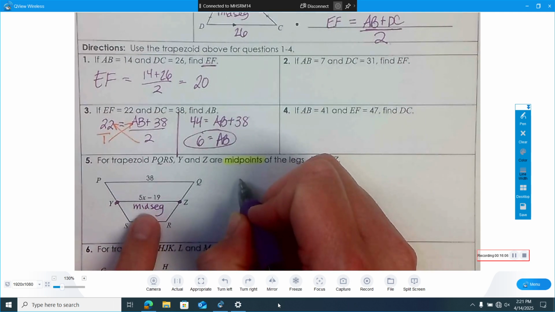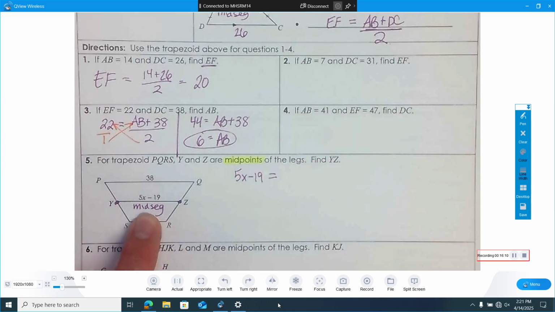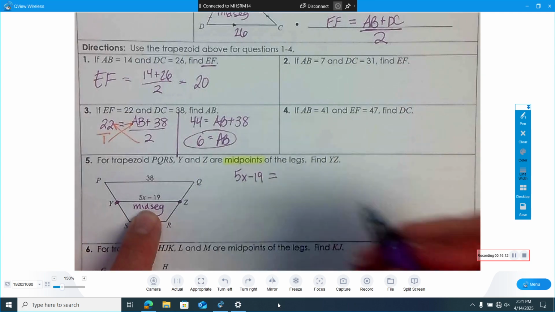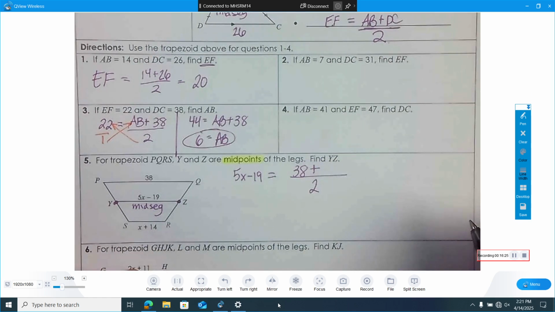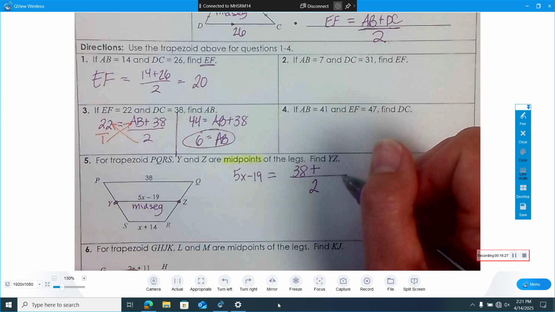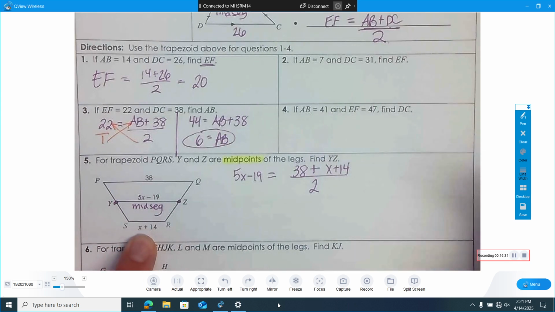So my mid-segment, 5x minus 19 equals something plus something over 2. What should we add? 38 plus x plus 14. Top plus bottom over 2.